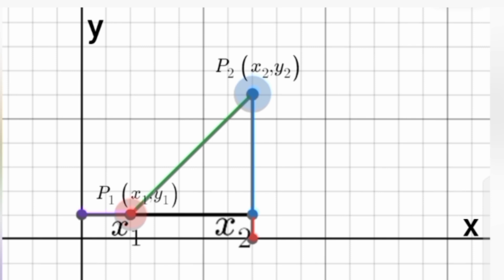Then if we cut this line segment from the y-axis to P1, we actually subtract x2 minus x1 from the vertical line segment from the y-axis to P2.